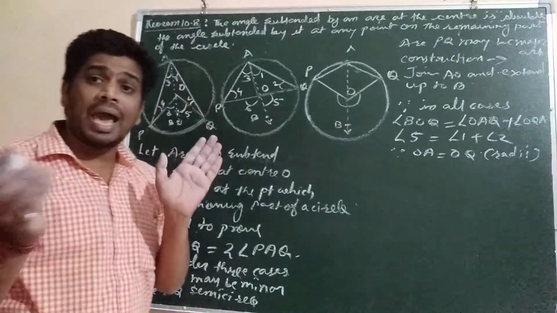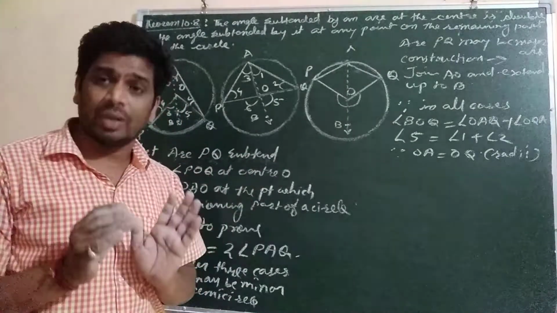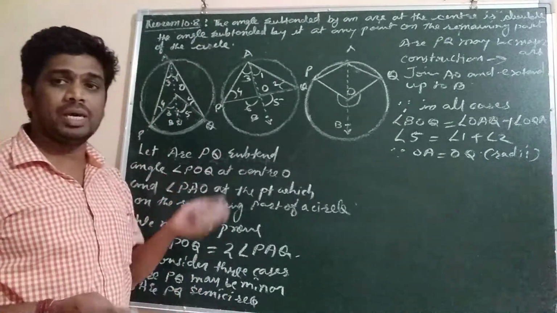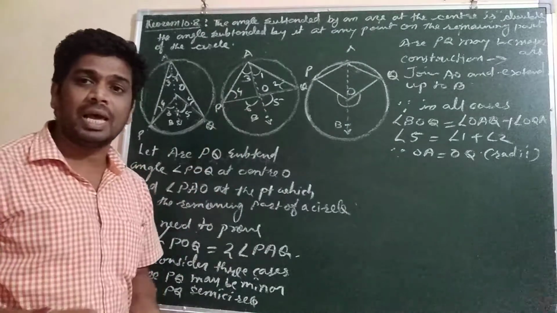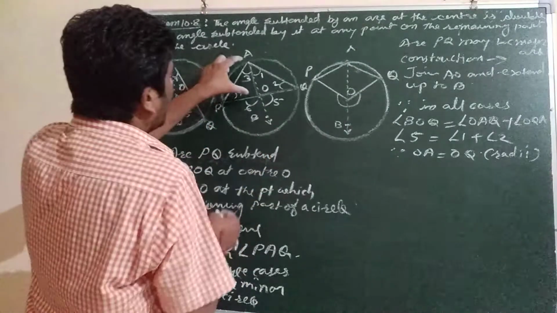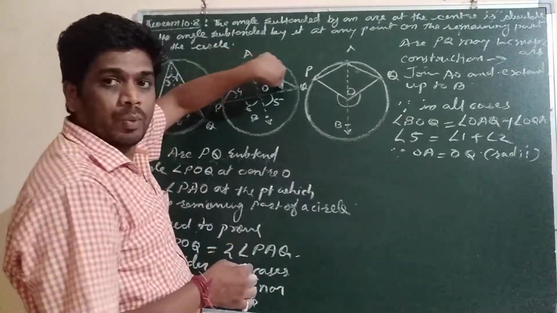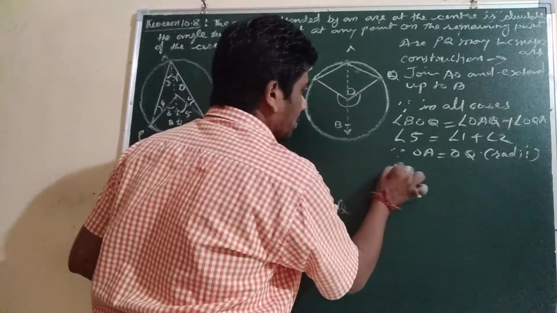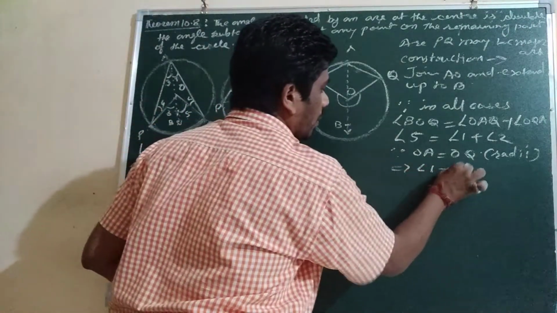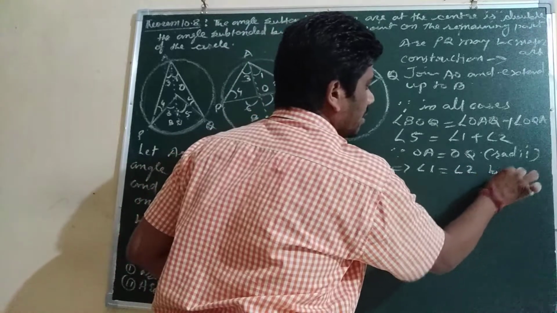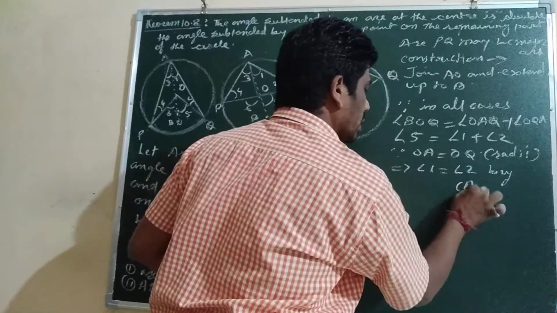The isosceles theorem is: the angles opposite to the equal sides are equal. So if OA is equal to OQ, angle 1 will be equal to angle 2.